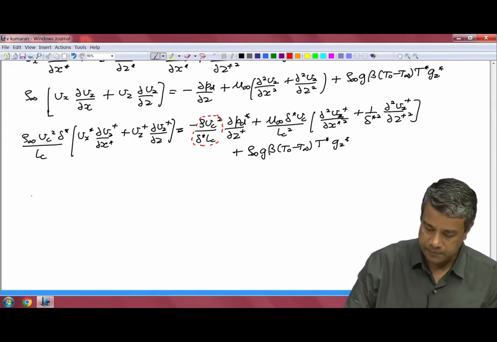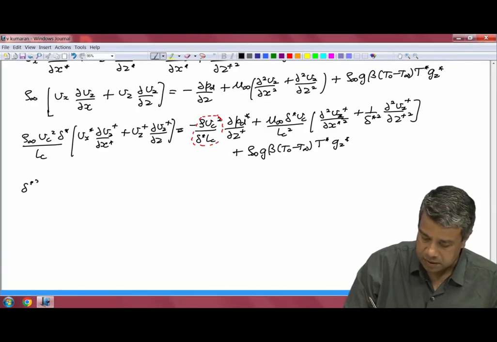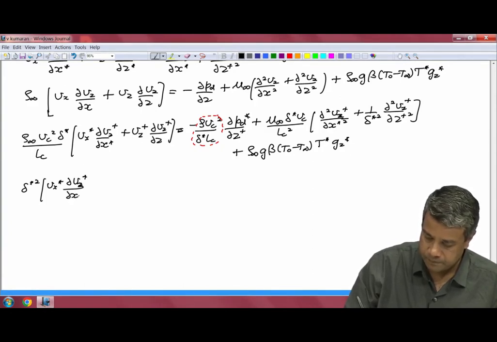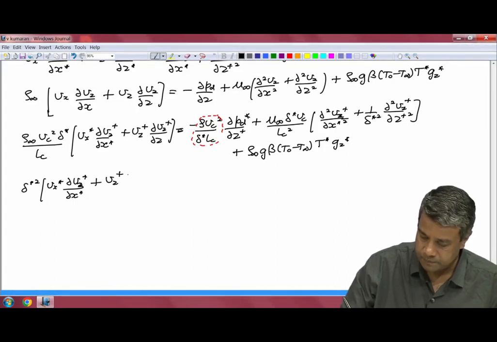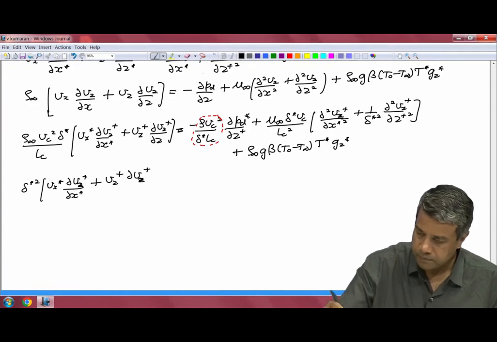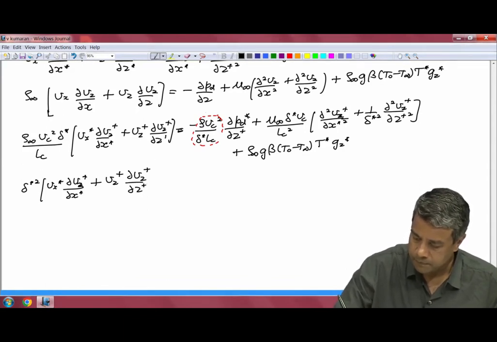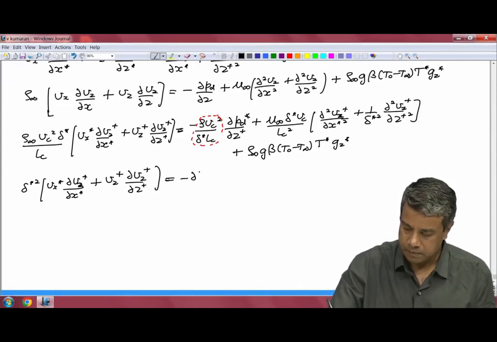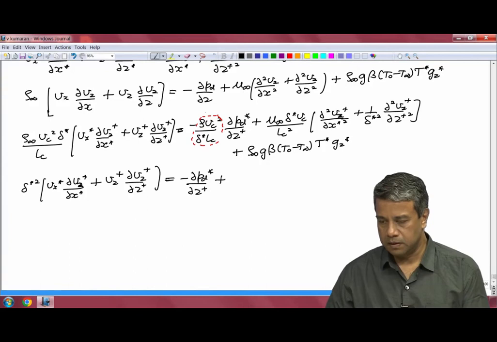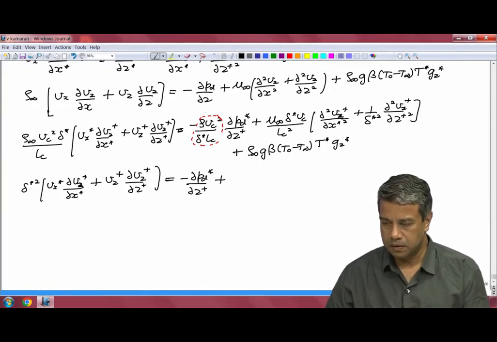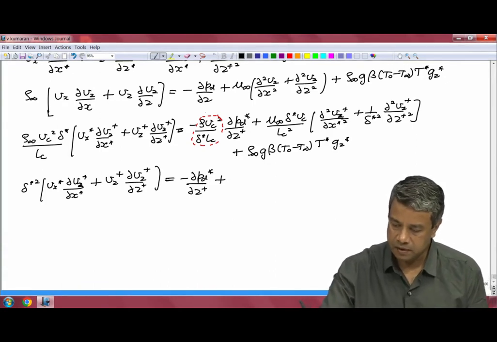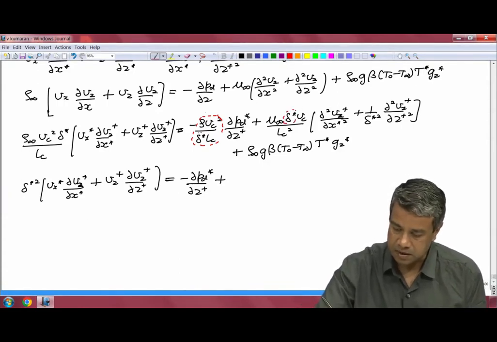and the left side will become delta square into... When I divide throughout by this term, I will get mu infinity into Vc by Lc square into delta square, because I have a delta in the numerator here, whereas the pressure term has a delta in the denominator.